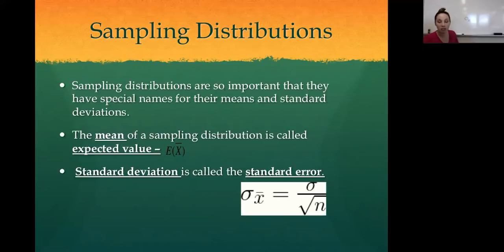And we find that by taking the population standard deviation and putting it over the square root of n, the sample size. So this is expected value, the mean of our sampling distribution. Standard error is the standard deviation of our sampling distribution.